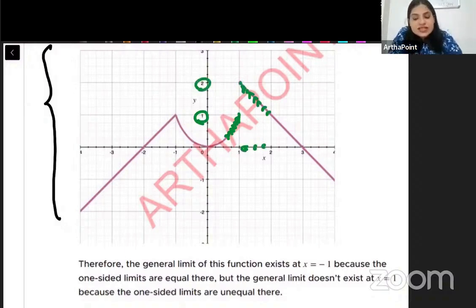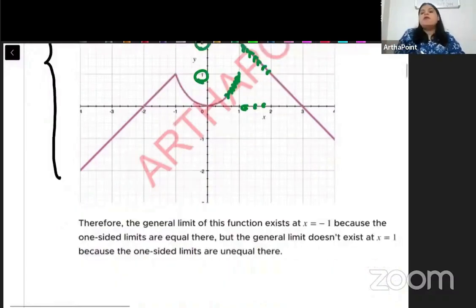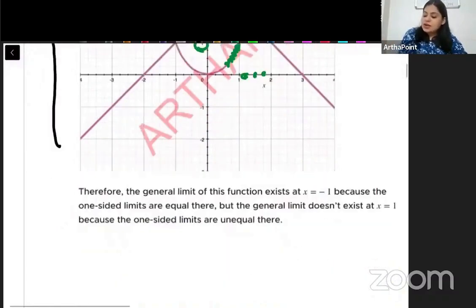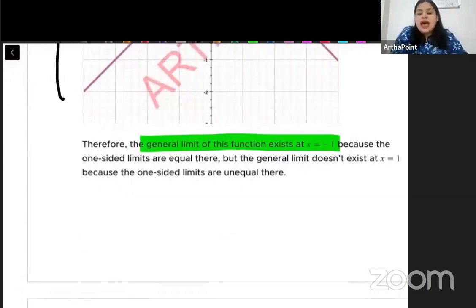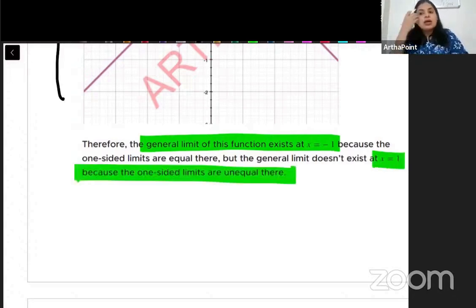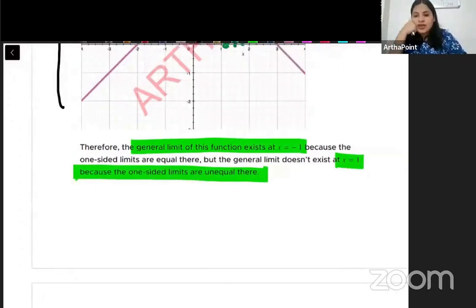So the left hand side and the right hand side values are not matching. So in general, we can say that the limit of the function exists at x equal to -1 because one-sided limits are equal, but it does not exist at x equal to 1 because one-sided limits are unequal. Are you getting it?